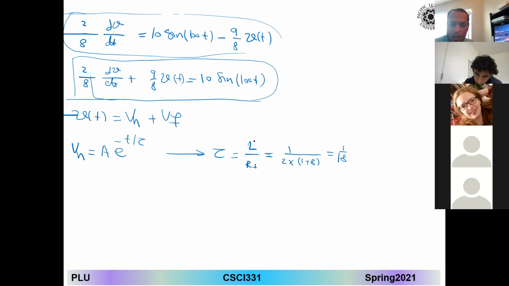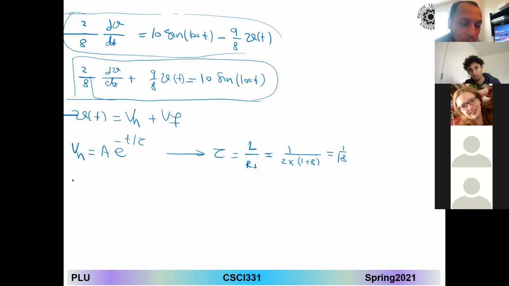And this L is half, so that's where the 2 comes from, times R total Thevenin, 1 ohm plus 8 ohms. So I have the tau. For A, we're going to stop right now, keep it as it is, and we can find it later.